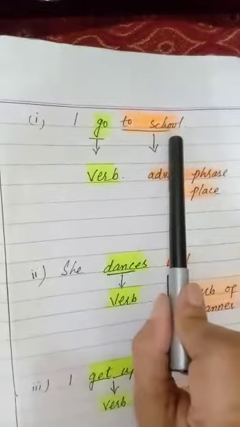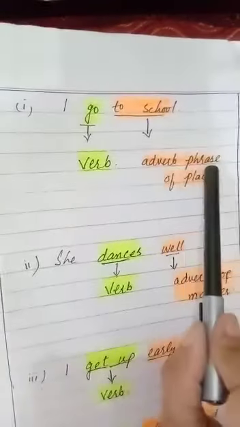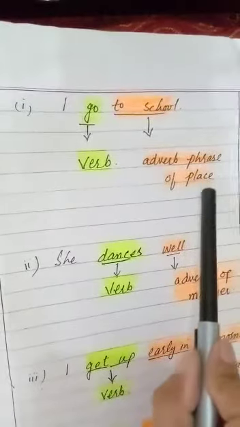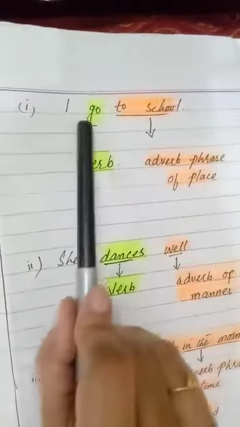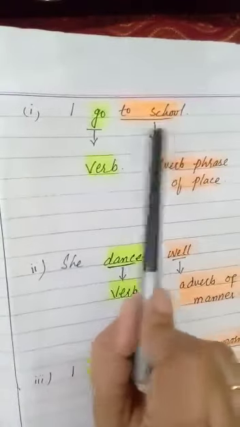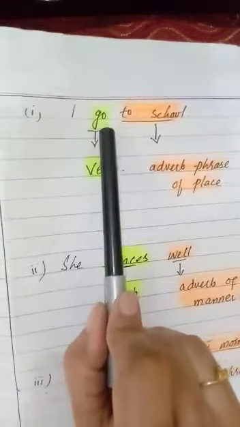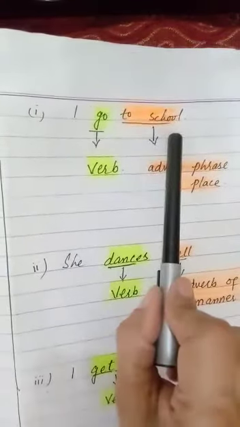That is not an object because it is coming after to. So go is an intransitive verb, and we cannot make that active sentence into passive voice. I go to school: go is intransitive, so that sentence cannot be changed into passive voice.